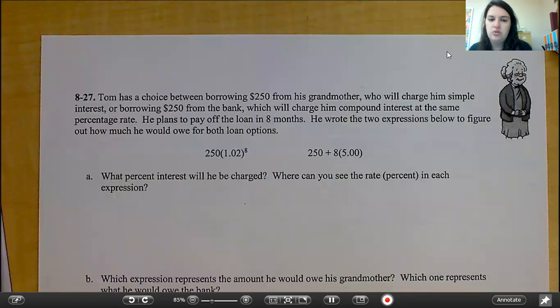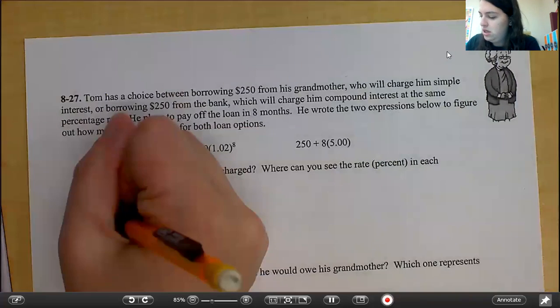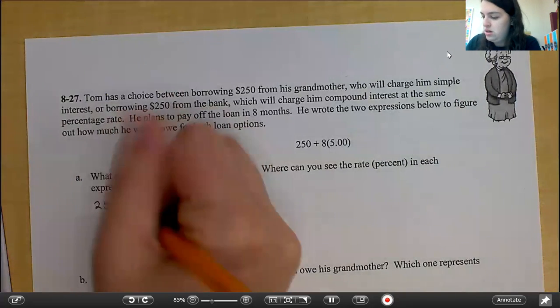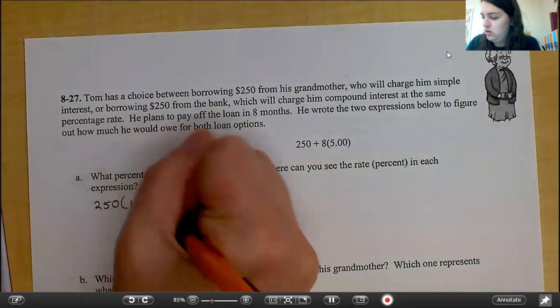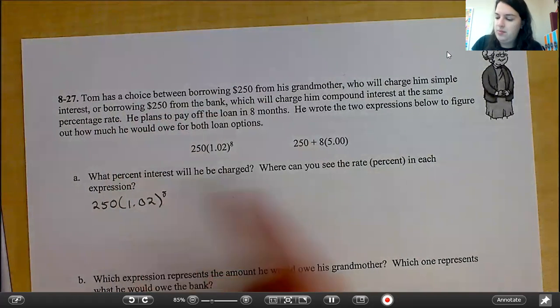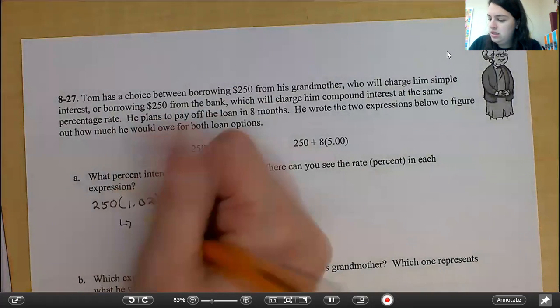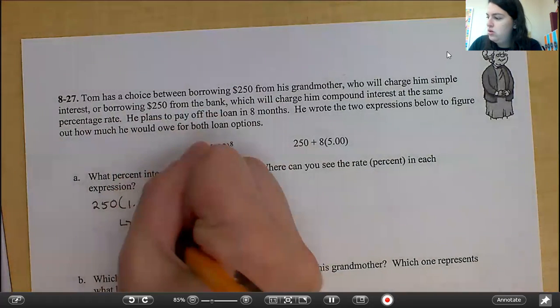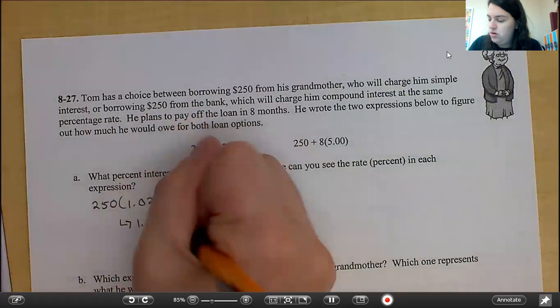A, what percent interest will he be charged? Where can you see the rate percent in each expression? So in the first expression, he has $250 times 1.02 to the 8th because he's going to pay it off in 8 months.